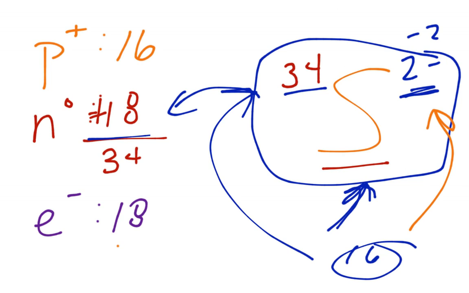So we're going to go 1, 2, 3, up to 16 protons. Okay, the neutrons are also in the nucleus. I have 18 of them. So let's go ahead and put in my 18 neutrons that are also in the nucleus.